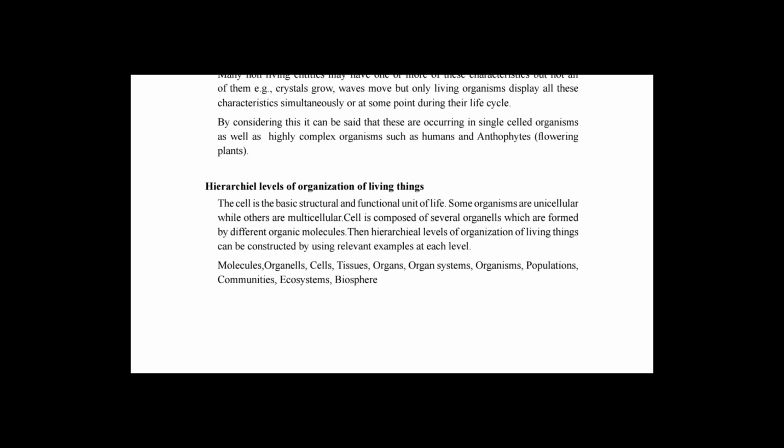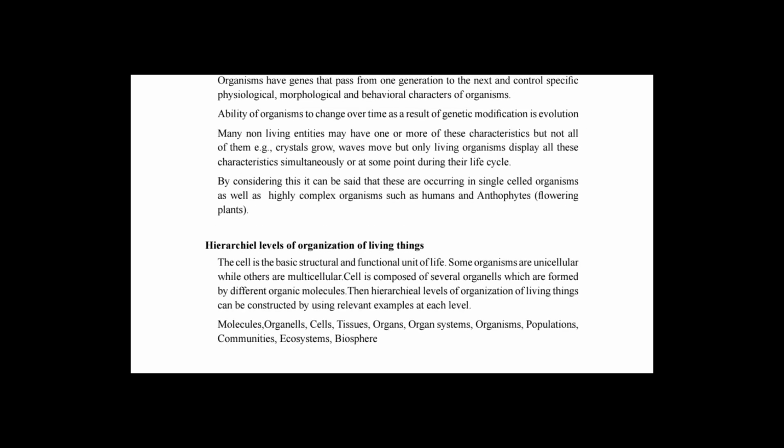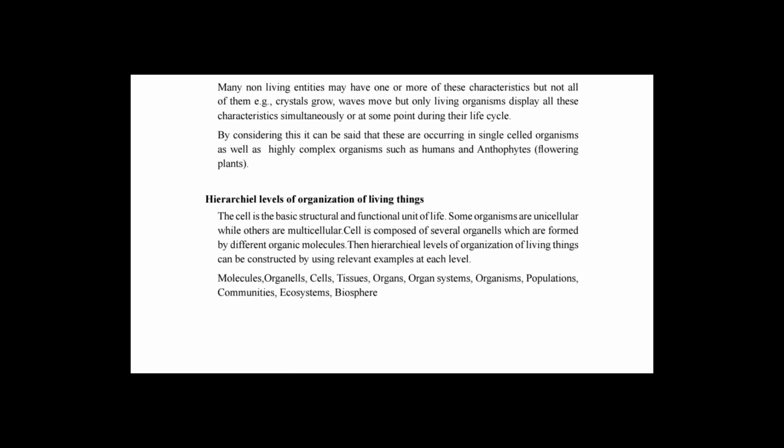Tissues collectively form organs. Organs collectively form organ systems. Organ systems collectively form an organism. Organisms collectively form a population. Populations collectively form communities. Communities collectively form ecosystems. Ecosystems collectively form the biosphere. This is the hierarchical level of organization.